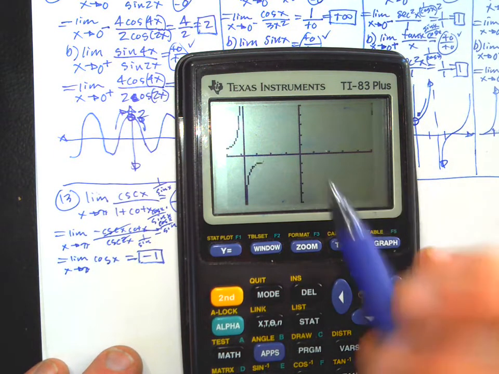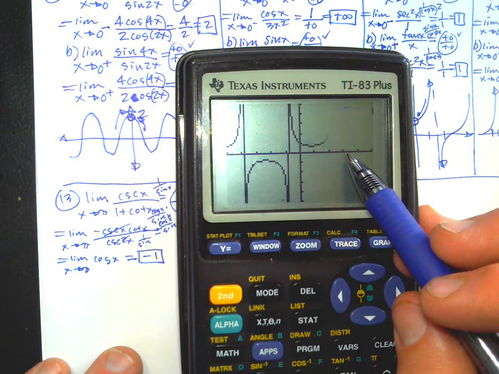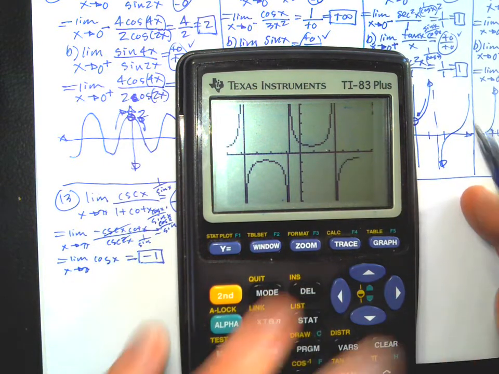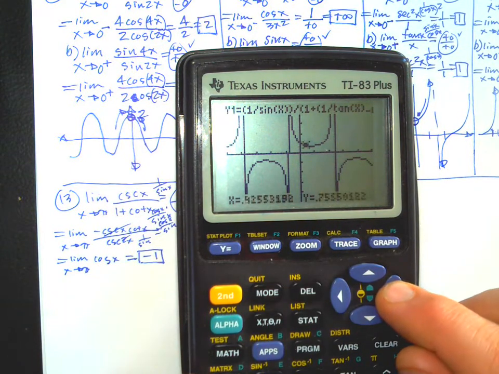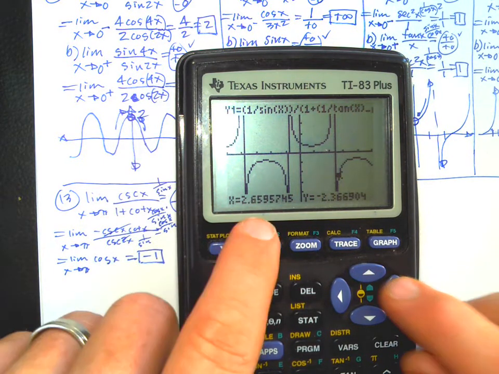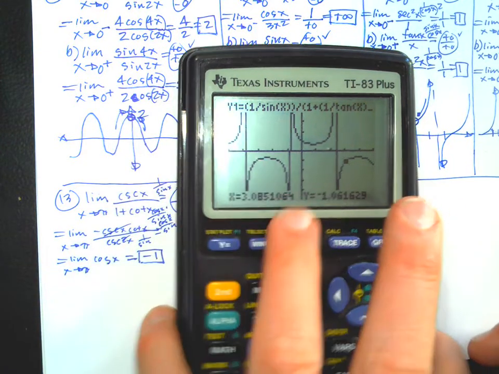Pi is about 3 point whatever, so pi is right around there. So we're going to see what it does. Graphically, trace, if we try and get close to pi, 3.14. It looks like it's around -1, right?